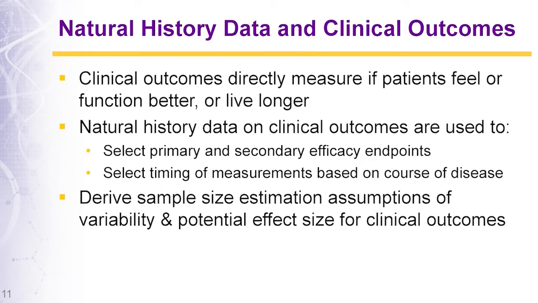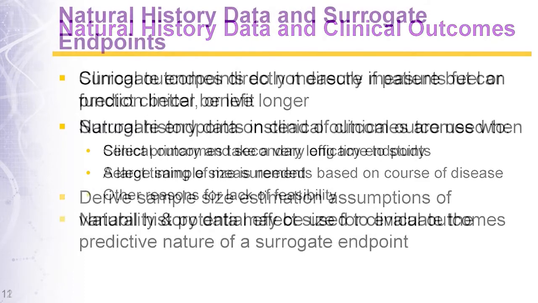Natural history data is also very commonly used to derive sample size estimation assumptions for variability and potential effect size for clinical outcomes in order to estimate the sample size that's needed for a randomized clinical trial.